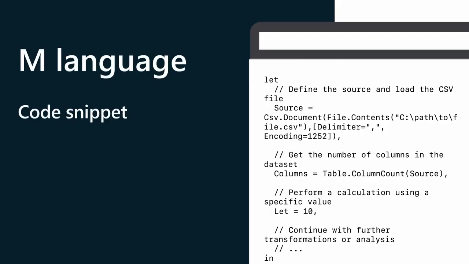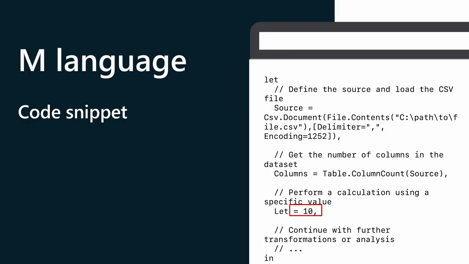When you access the M language code, there are certain group names and meanings that are called M syntax. Let's explore the syntax using an M language code snippet. This snippet showcases how to handle various CSV file operations in Power Query, including setting up the initial data source and performing data transformations, loading the file, specifying the delimiter and encoding for the CSV document, calculating the number of columns, and assigning a value to a variable.